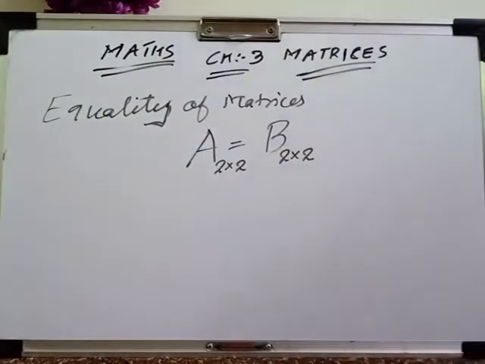Here the left hand side matrix is of order 2 cross 2, then the right hand side matrix should also be of the same order, that is 2 cross 2. The order of the two matrices should be equal, then and only then will equality exist, or else it will not.